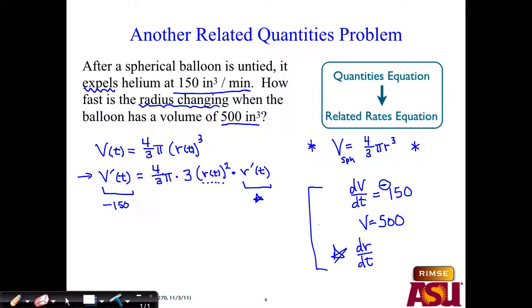We have the volume given. So I'm supposed to be finding the rate of change when I know the volume is always the same rate of change, negative 150 cubic inches per minute. I need to know what the radius is somehow, and all I know is what the volume is. Any thoughts on how we can accomplish finding the right piece of information here?